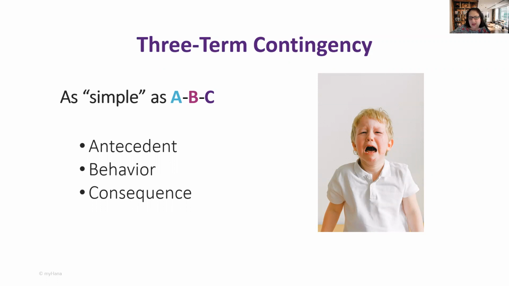And that helps us to identify why is he crying? Even though it seems easy, there's lots of little factors. But remember, an antecedent is before, then there's the behavior, and then the consequence, which is what happens after the behavior. And sometimes what happens will help maintain a bad behavior.